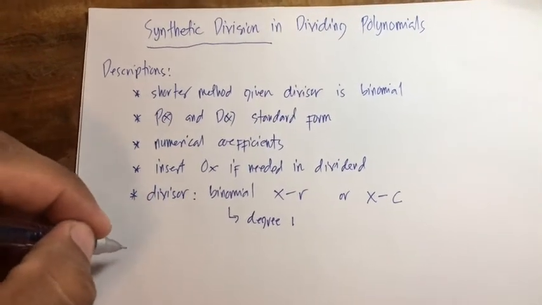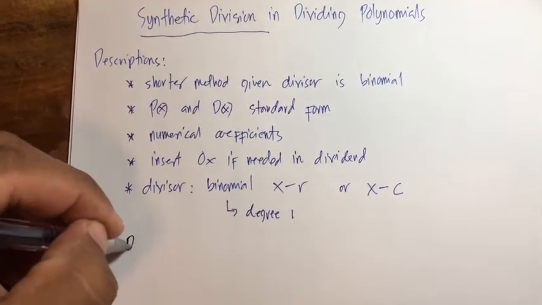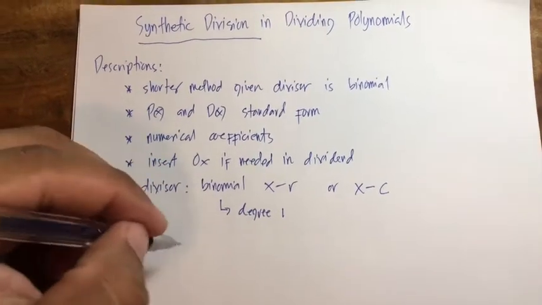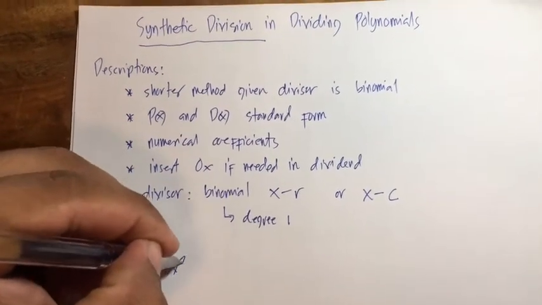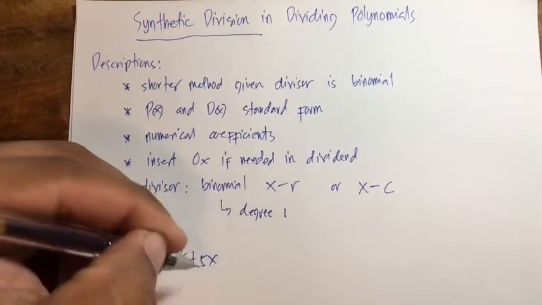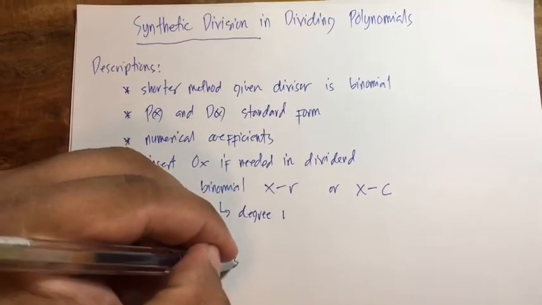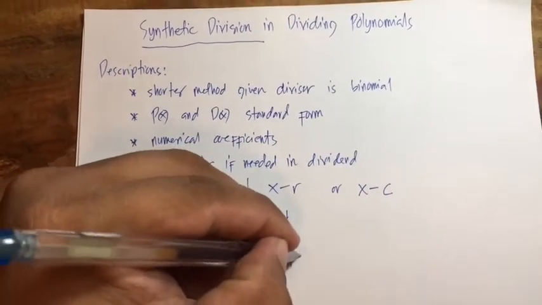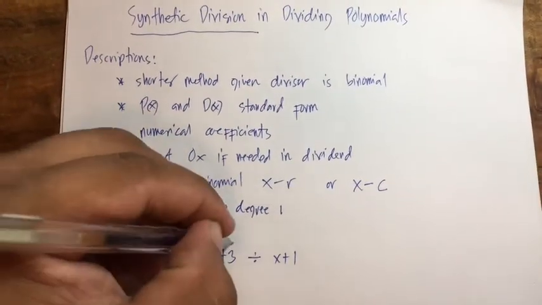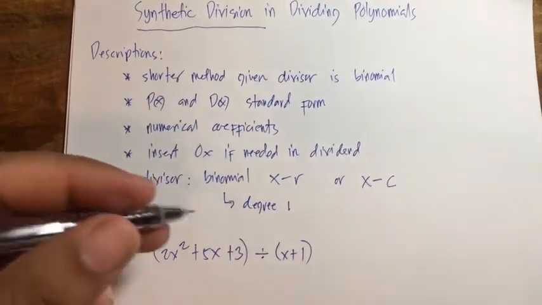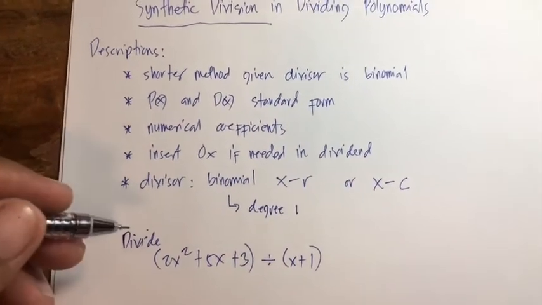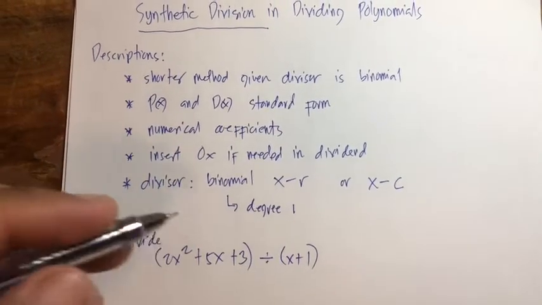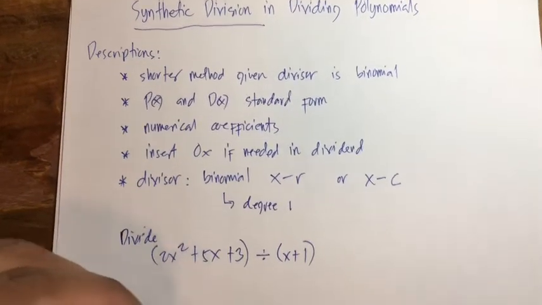If you can recall, we were able to divide 2x squared plus 5x plus 3 by x plus 1, using the bus method.